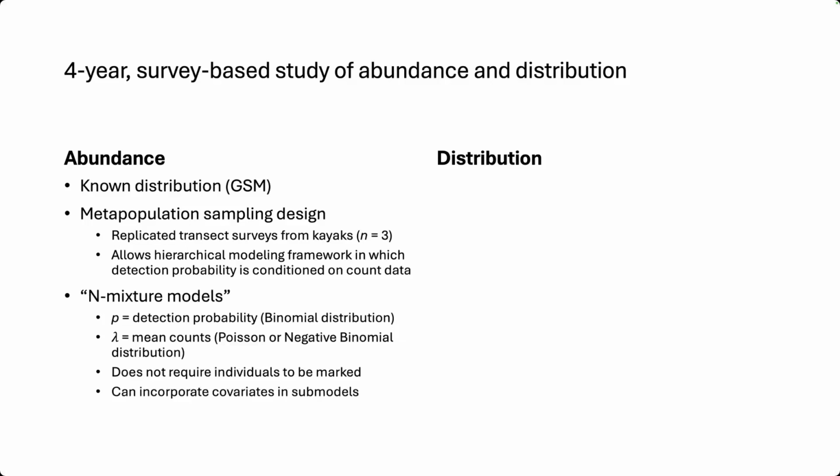These are essentially, like I said, just generalized linear mixed models that are modeling count data with an additional submodel for detection probability. So these are the main parameters of the models that we are looking to estimate. P is the detection probability. This is usually modeled as a binomial distribution.